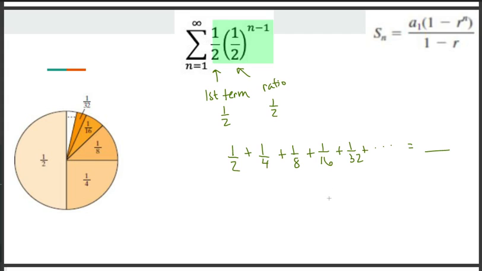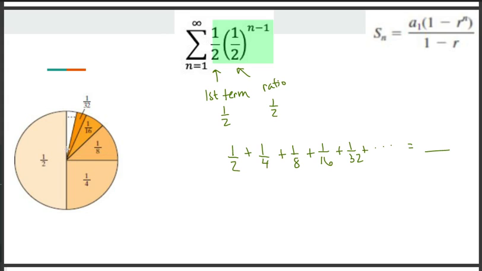Imagine this as a pizza. I take one whole pizza. I cut it in half. Then I add another fourth of the pizza, and an eighth, and a 16th, and a 32nd, and a 64th. I could keep sectioning this one pizza up into an infinite number of slices by cutting the next slice to be exactly half of the width of the previous slice.